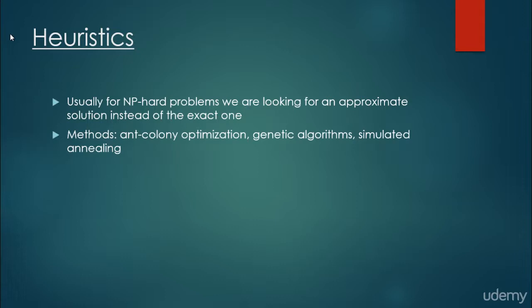And yeah, we come to the conclusion that if we use these so-called heuristics, such as ant colony optimization, genetic algorithms, or simulated annealing, we are able to solve this problem. On the other hand, it's not going to be an exact one, it's going to be an approximate one. So it's not the global optimum, but it's not far away from the global optimum.